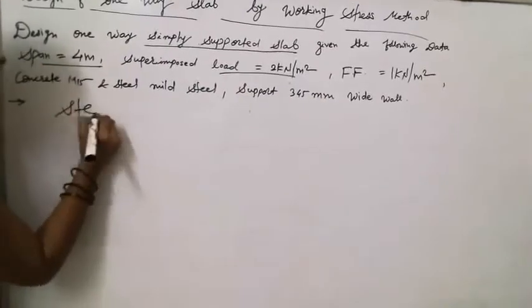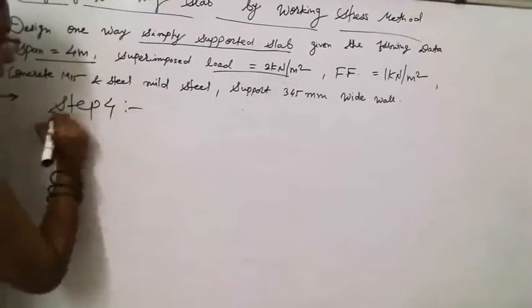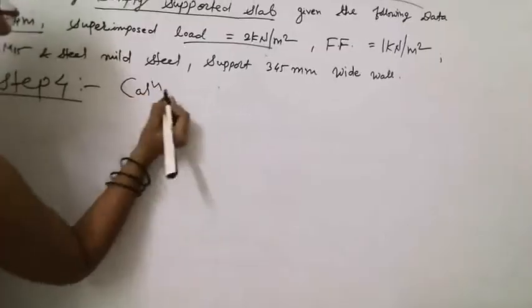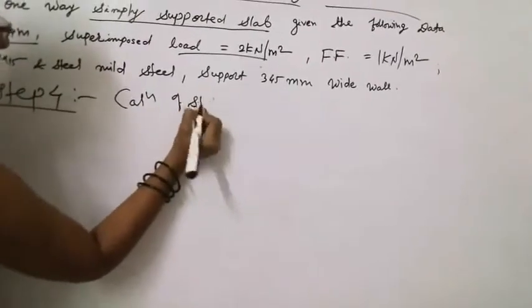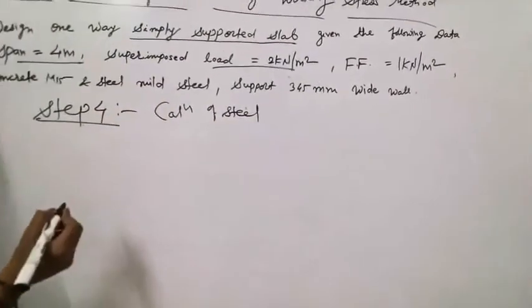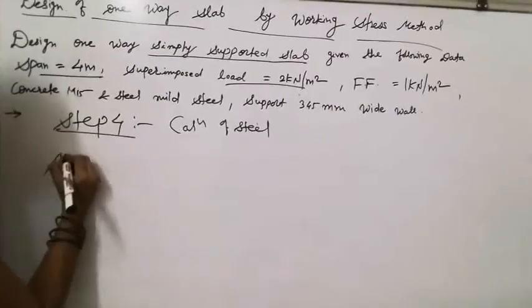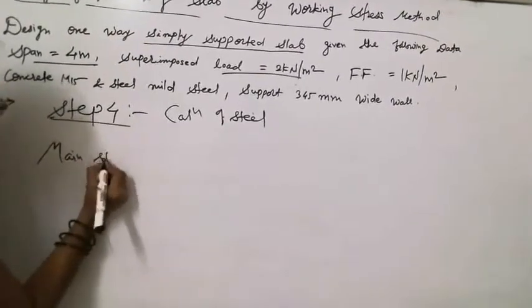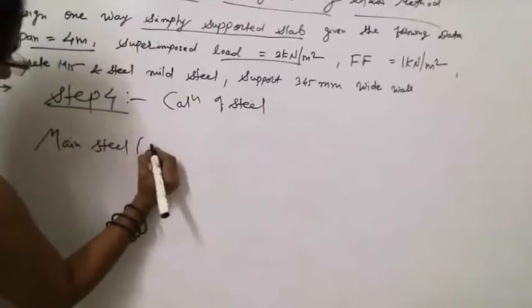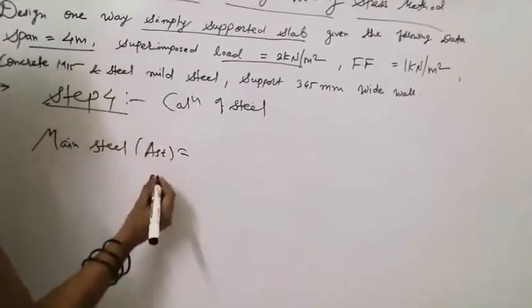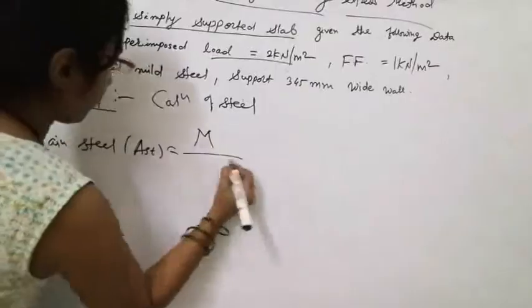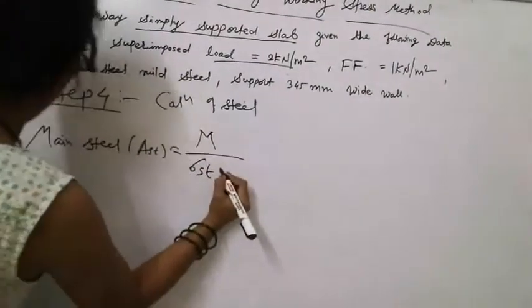Now step number 4, calculation of steel. Main steel: AST is equal to M upon sigma st into z.